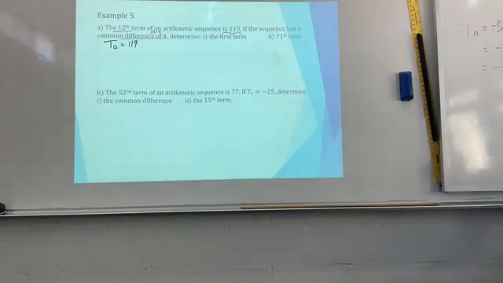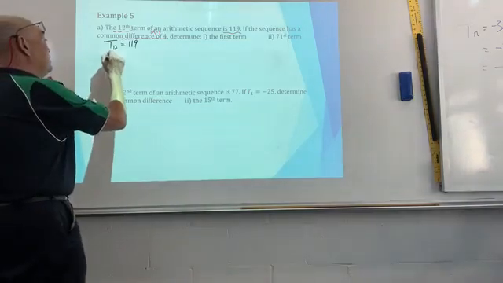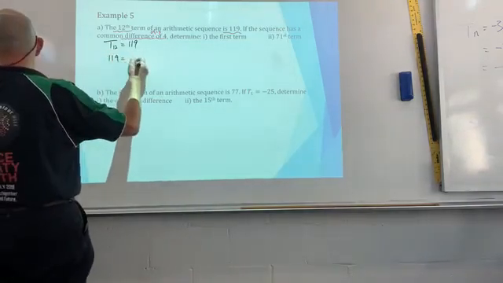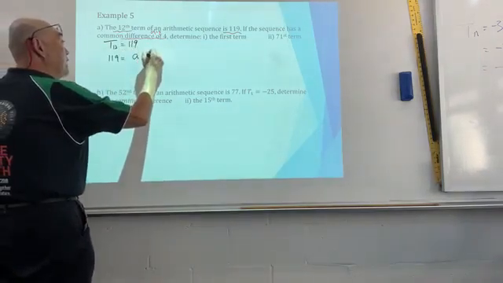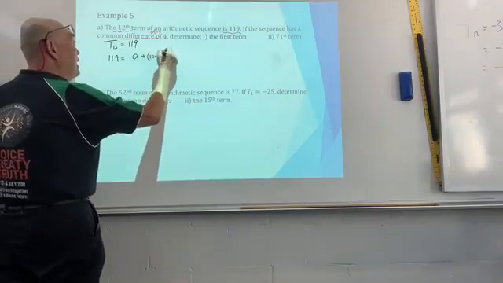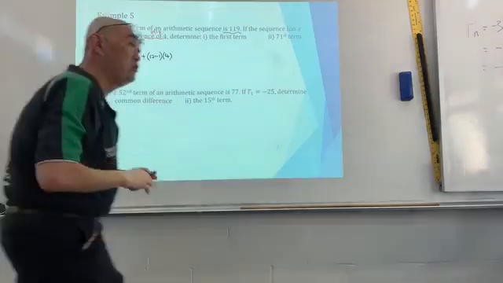So how are you going to use it? Are you going to use your recursive rule, or are you going to use your general rule? Think about it. You should be using your general rule because you know Tn, you know D, and you know n. So T12: 119 equals A, we don't know A, this is the first term, plus n, in this case 12 minus 1, and the difference is 4.